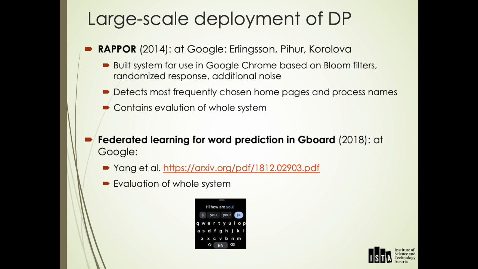Then a little bit more recently, it's in Gboard. That's the Google keyboard on Android. So if you're typing on Android, in Google Chrome, or Gmail, you might use the Gboard. And there they also did learning for word prediction. So this is when you type in "hi," and then it suggests the next word. Or whatever, "thank," and then comes "you."